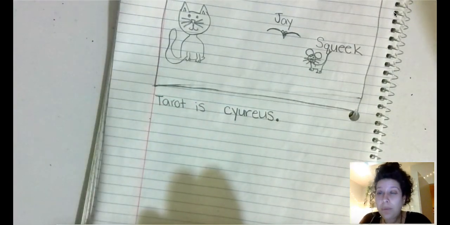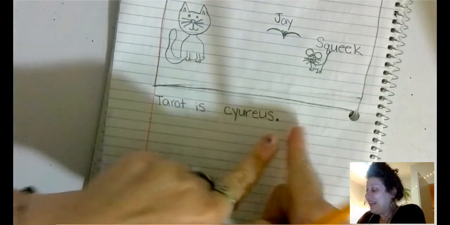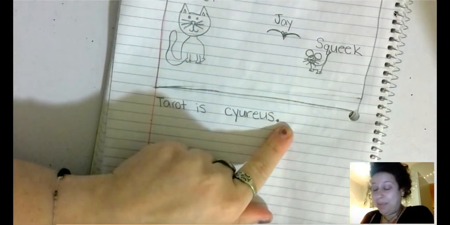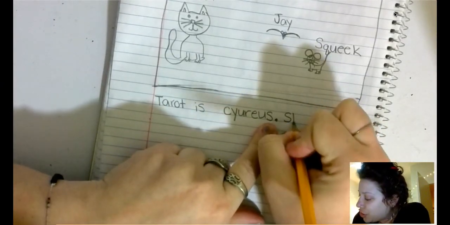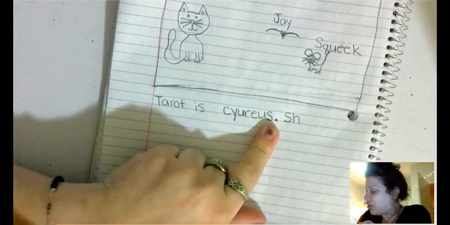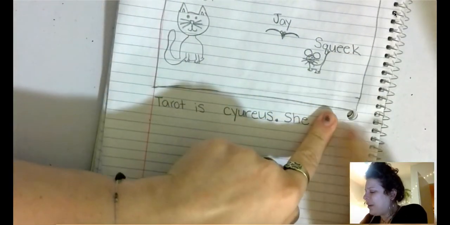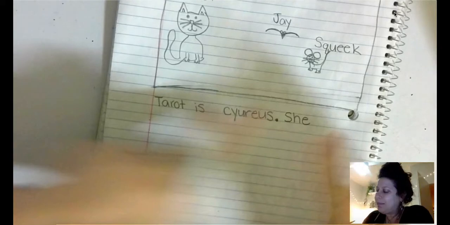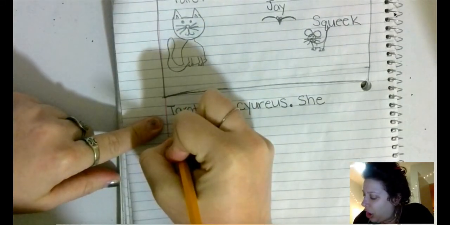She always loves exploring. It's a new sentence, so I'm going to begin with an uppercase. S-H, E. She. I don't think I'm going to fit always there, so I'm going down to the next line. She always.